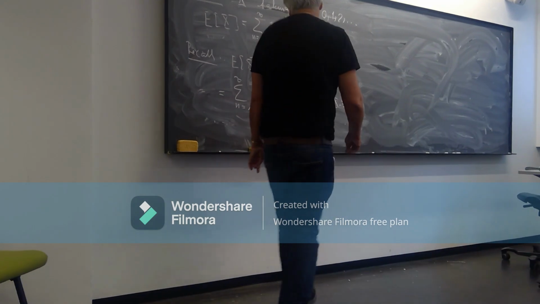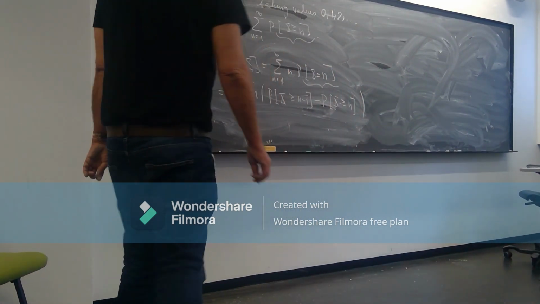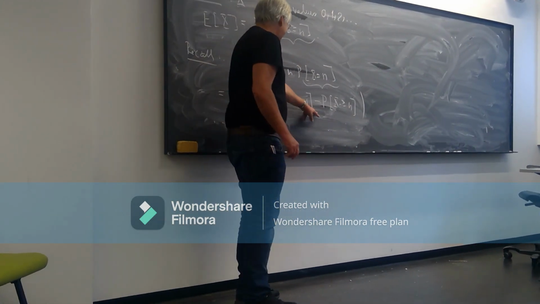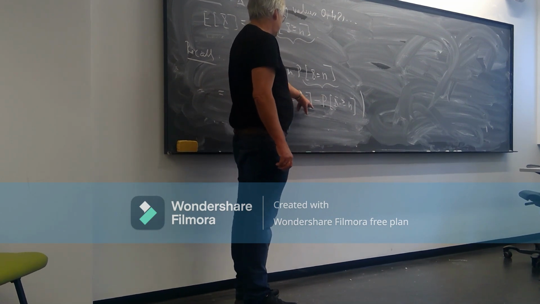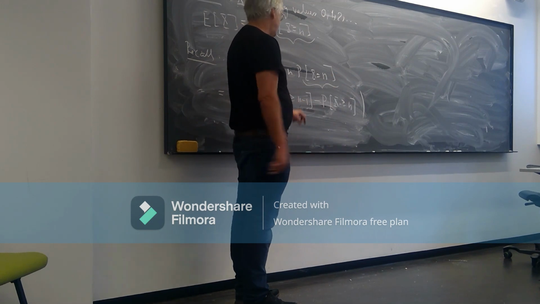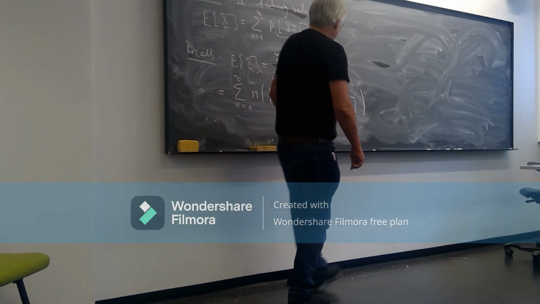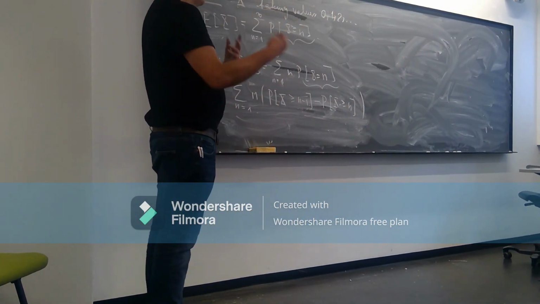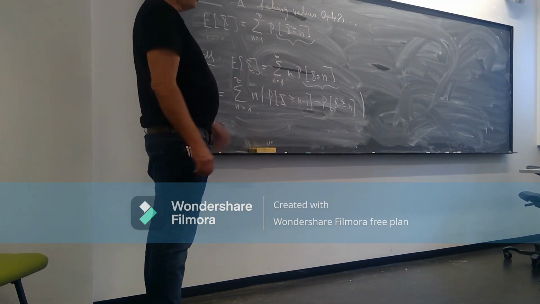Did I get that one right? So this is all the guys that are larger than n minus 1, so it may be n plus 1, n plus 2, and so on. And then I subtract this one, which is the probability that you are larger than or equal to n. So the guys that are left here are the guys where you have exactly n.